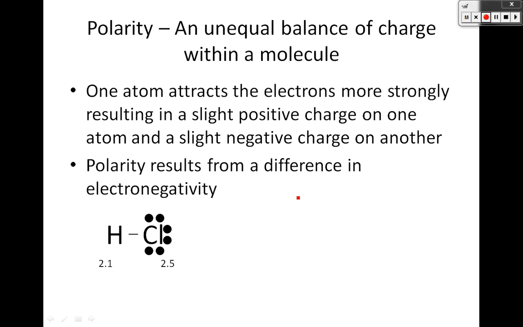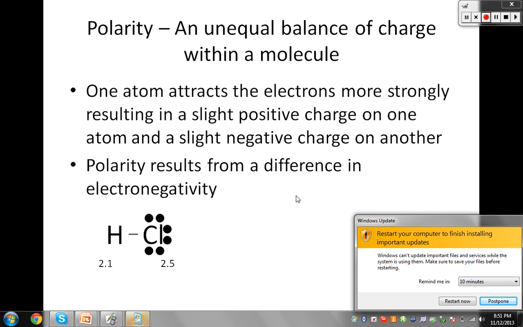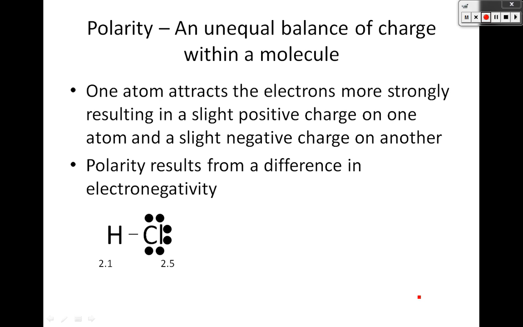So hydrogen, here's hydrochloric acid or hydrogen chloride, as we saw earlier. Hydrogen has an electronegativity, as you can see, of 2.1, whereas chlorine has an electronegativity of 2.5. Chlorine is more electronegative, meaning that of these two electrons that it's sharing, it's going to pull those electrons just a little more towards the chlorine than the hydrogen.